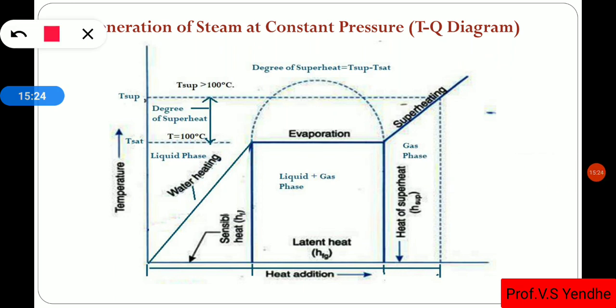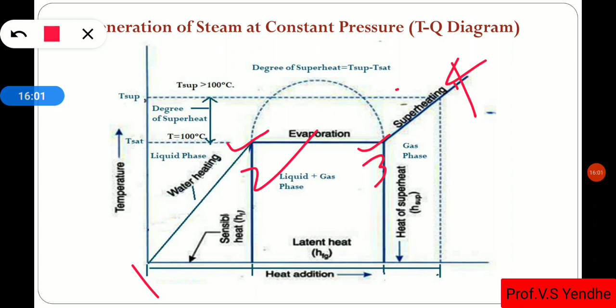As we know, the steam production starts at T equal to 100 degrees Celsius, and after heating at 100 degrees Celsius for a longer period, we will get the wet saturated steam or dry saturated steam, that means saturated steam. Then after heating that saturated steam for a longer time, we will get dry superheated steam at point number 4, as already we have seen.